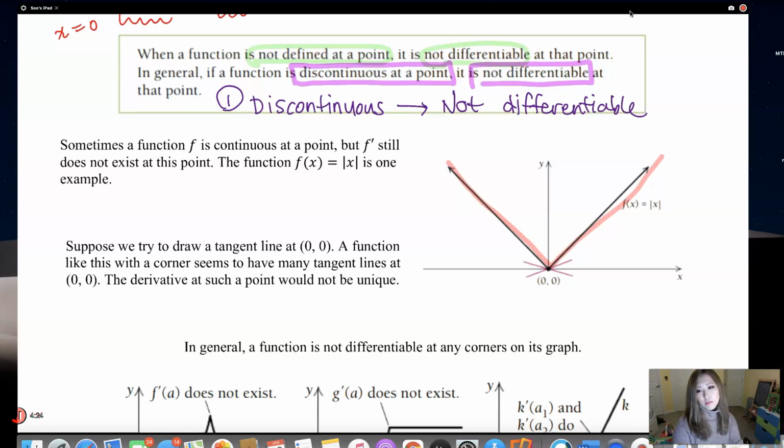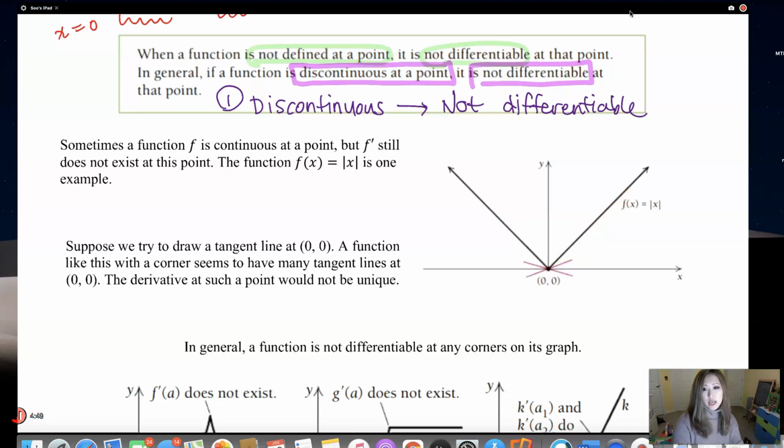We talked about the definition of continuity in section 1.2. You see how the left-hand limit and the right-hand limit as they approach x equals 0 are the same. They're going to the same point, and the function value f of 0 is also 0. So it is continuous everywhere.